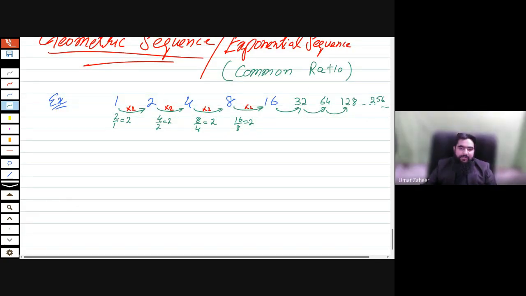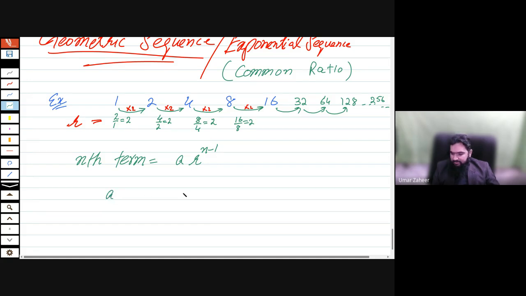Okay, now the second main question is how we can find the nth term of any sequence. It's basically a common ratio. Now, how can we find the nth term in a geometric sequence? The nth term is equal to a r power n minus 1.